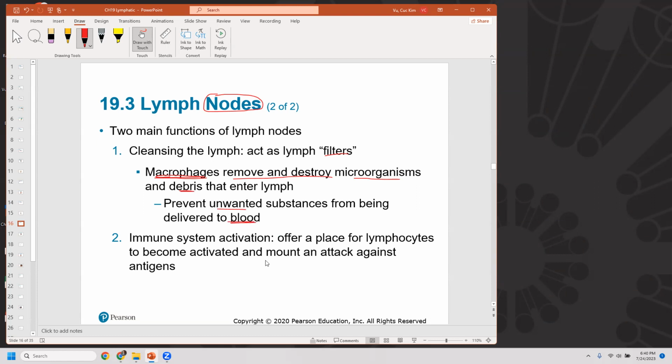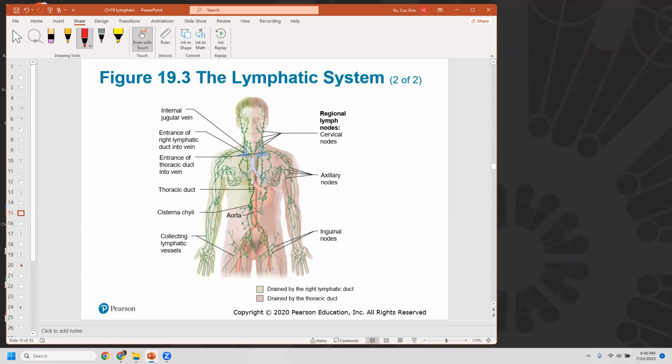Okay. Now here's the problem though. Things like pathogens can get into it. But what else can enter into the lymph system? The lymph system can actually facilitate the movement of what to a much higher degree than the blood vessels can?